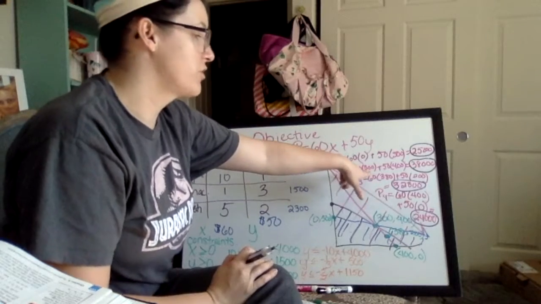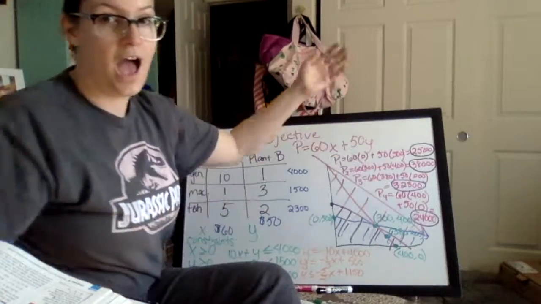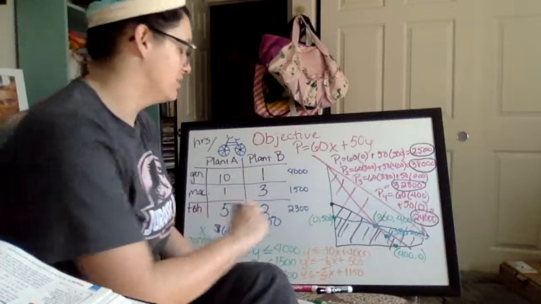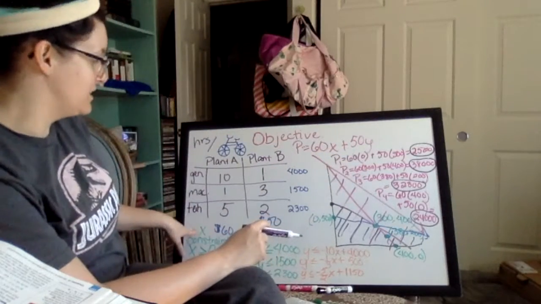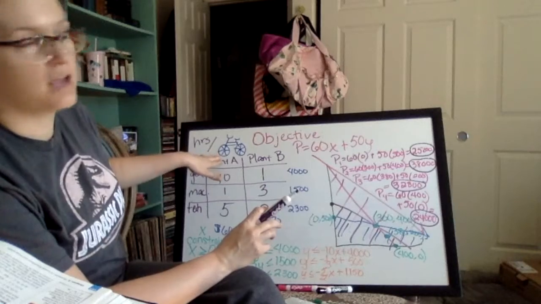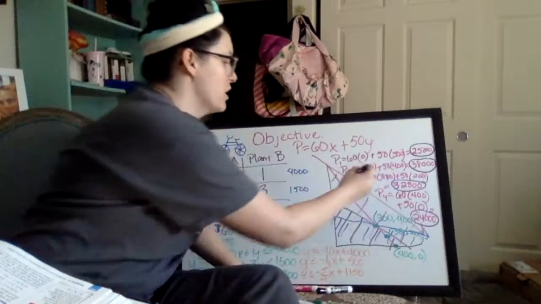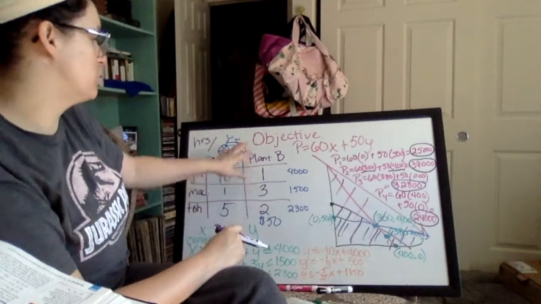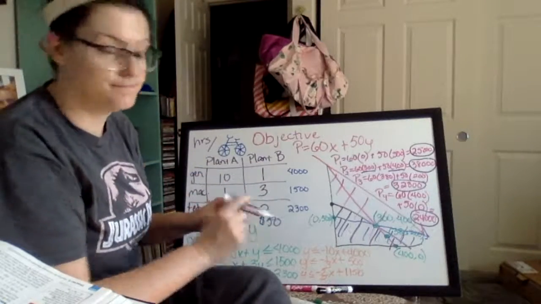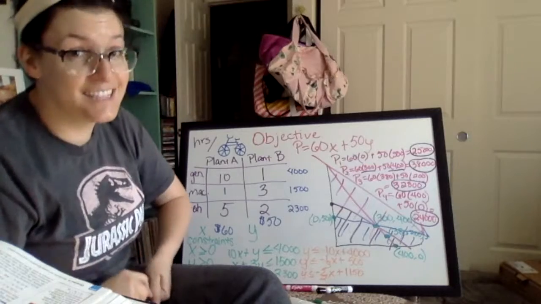This one, 300, 400. That's the answer. I should make 300 X's, which were bicycles from Plant A, and 400 Y's, which were the bicycles out of Plant B. And that's how to do it.